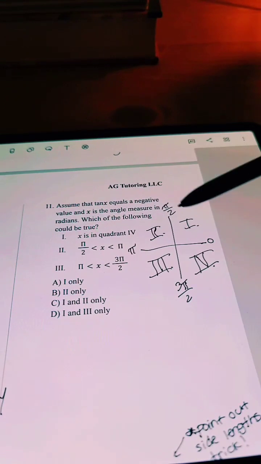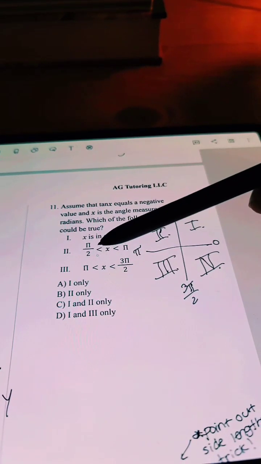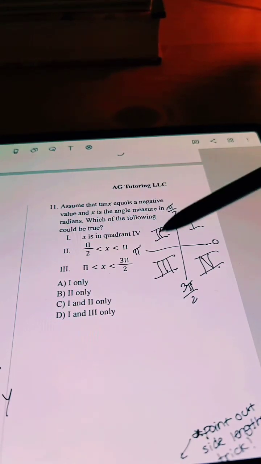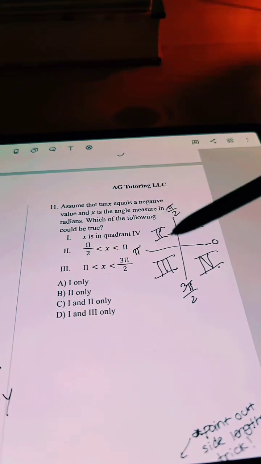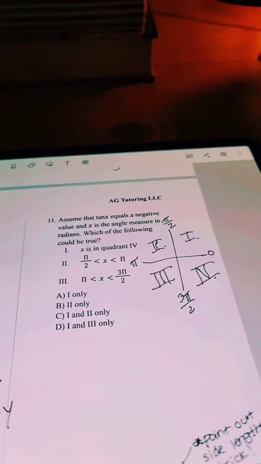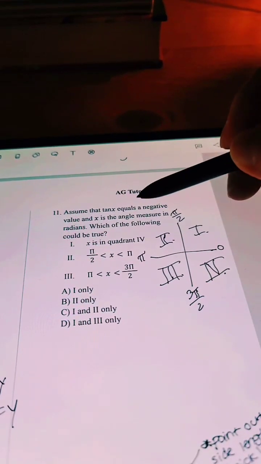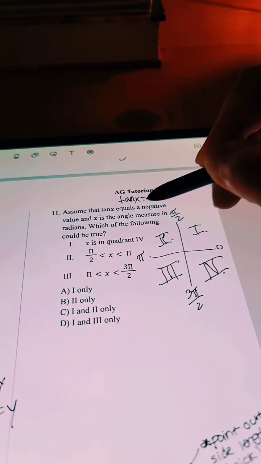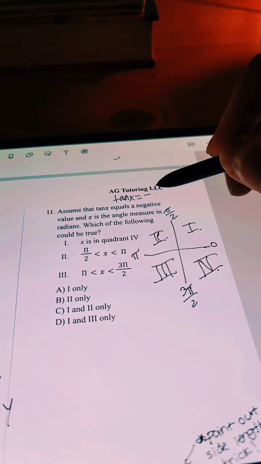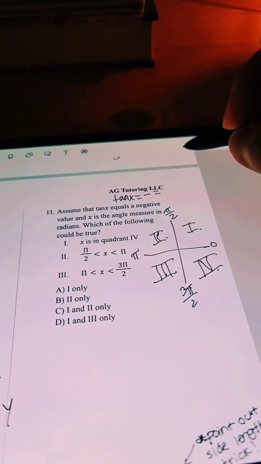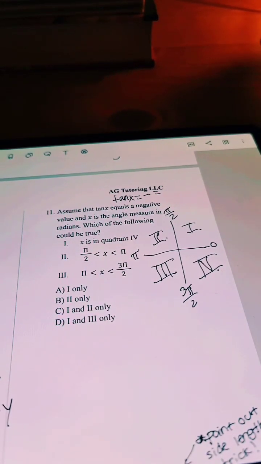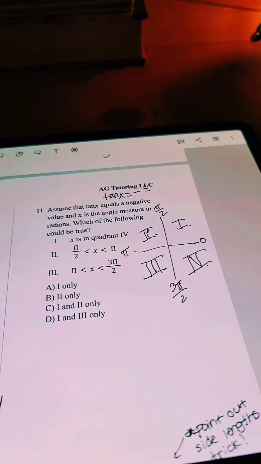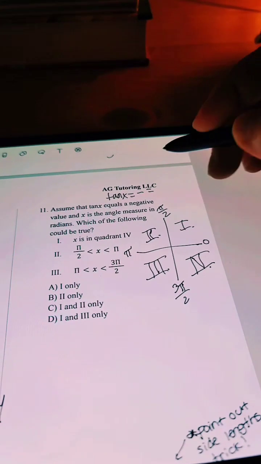So when it's saying, for instance with number 2, that the angle x has to be between pi over 2 and pi, it's talking about being in quadrant 2 right here. So tan of x has to be a negative value. Since tangent can be thought of as sine over cosine, one has to be positive and one has to be negative in order to get a negative value.